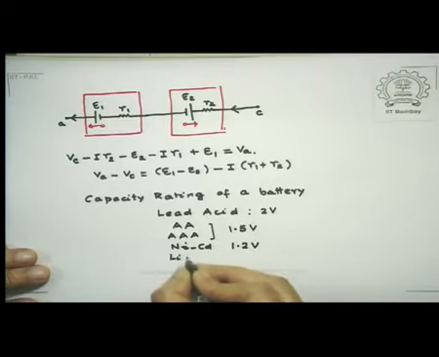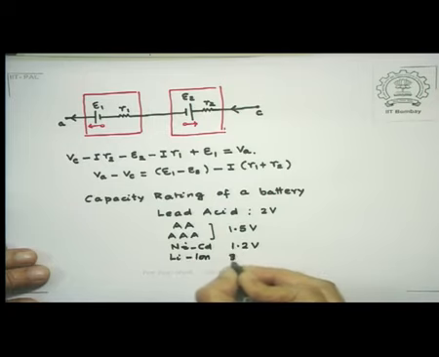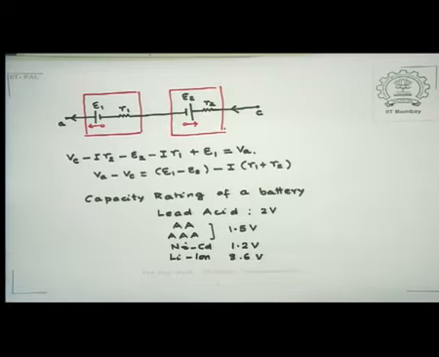Lithium ion battery gives you 3.6 volts, and it's more convenient that instead of designing a battery with the specific voltage depending upon what your work requires, you pick from the standard combinations that are available and design, by using parallel and series combinations, the voltages and the ratings that you want.